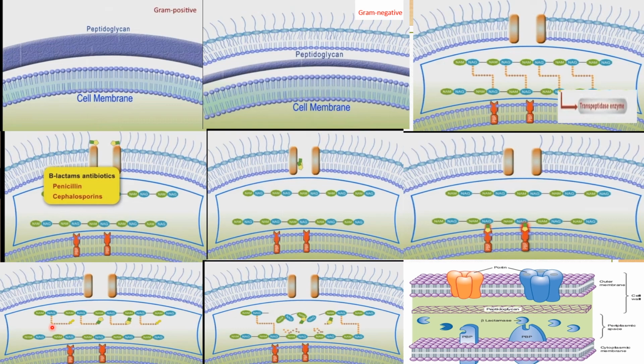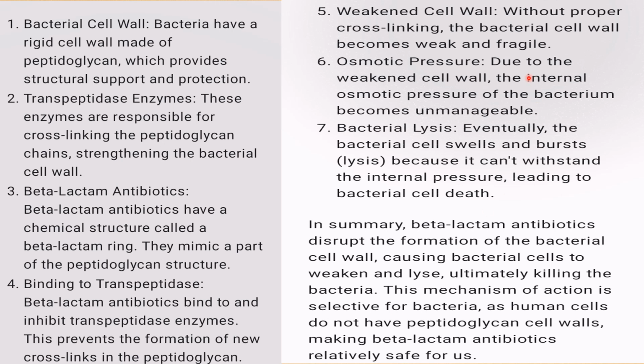Here you see that this cross-linking is broken down. So when the cross-linking is broken down, the structure of the bacterial cell wall is no more. Without the proper cross-linking, the bacterial cell wall becomes very weak and fragile.